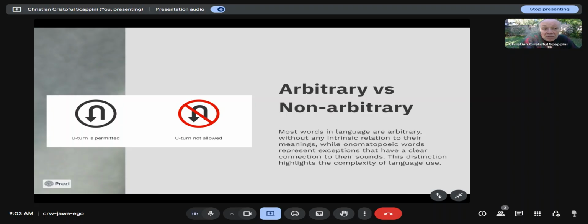There might be one that is connected, but most words, if not all of the words, are arbitrary, meaning there is no connection between the string of sounds that you produce and the meaning assigned to the sounds.